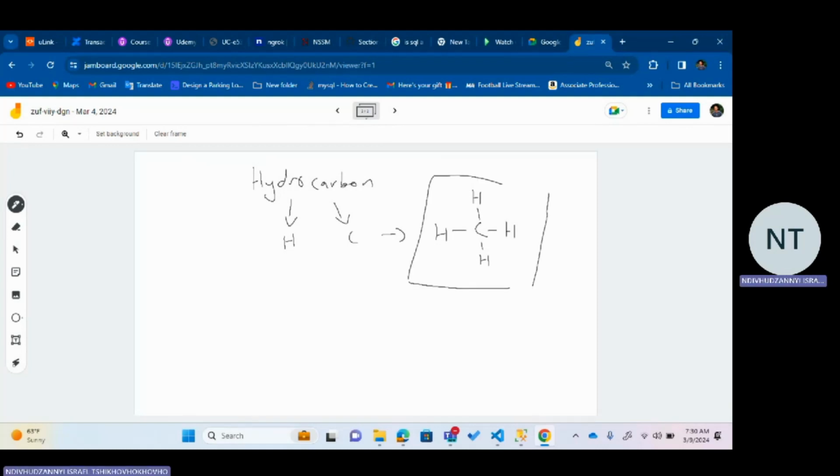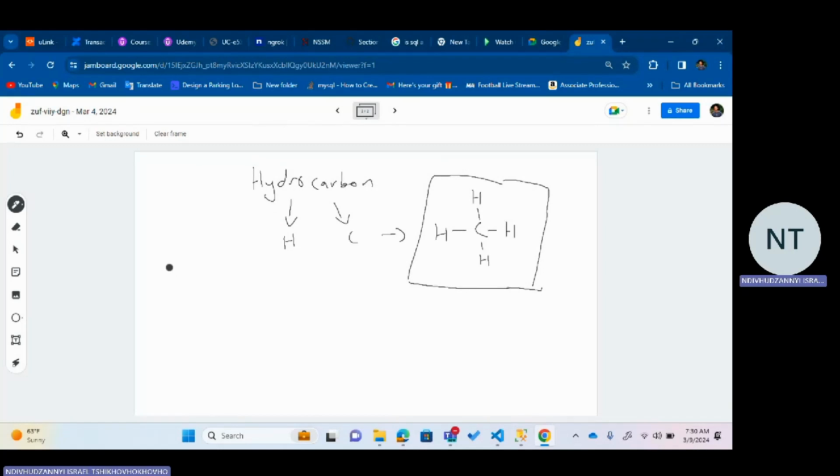You can go and look for a proper definition, right? But this is basically what you're looking at. Not necessarily, or this is not the only case, right? You can have multiple carbons and different bonds between the carbons and all that. But the hydrocarbon consists of such things.